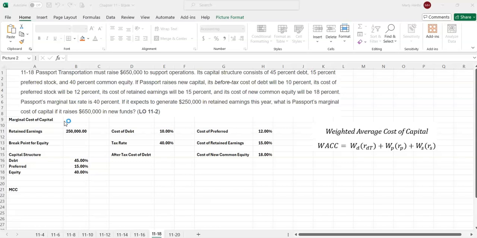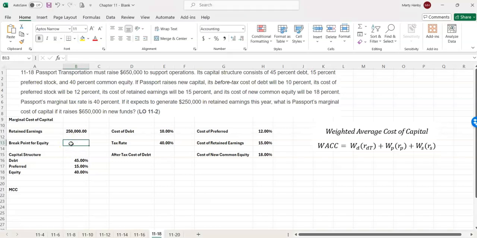So to calculate the breakpoint for equity, we're going to take the $250,000 and divide it by the weight of equity. If this calculation is greater than 650,000, we don't have to issue new stock.